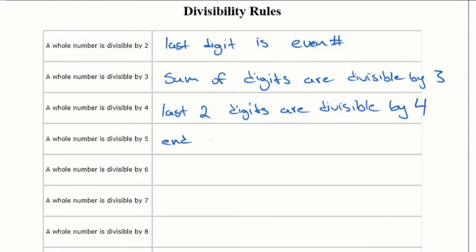It has to end in a 5 or a 0. 6 is a strange one. The last digit is divisible by 2 and 3.